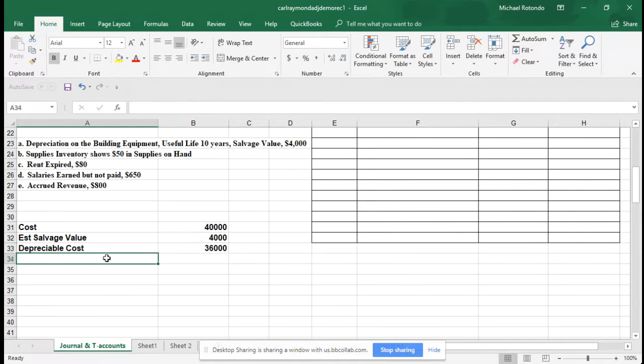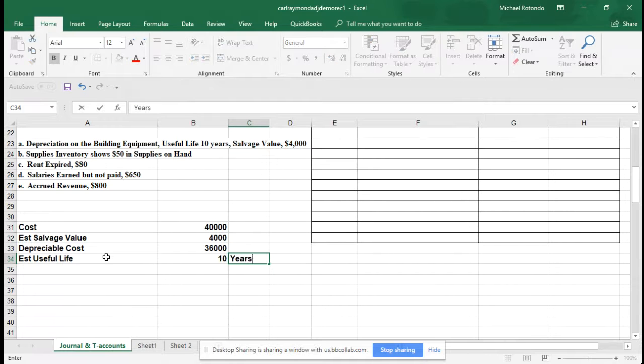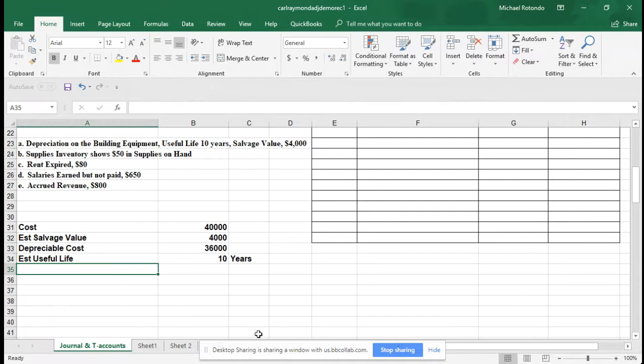Now what we're going to do is divide that by the estimated useful life of 10 years, and we will get our annual depreciation expense.